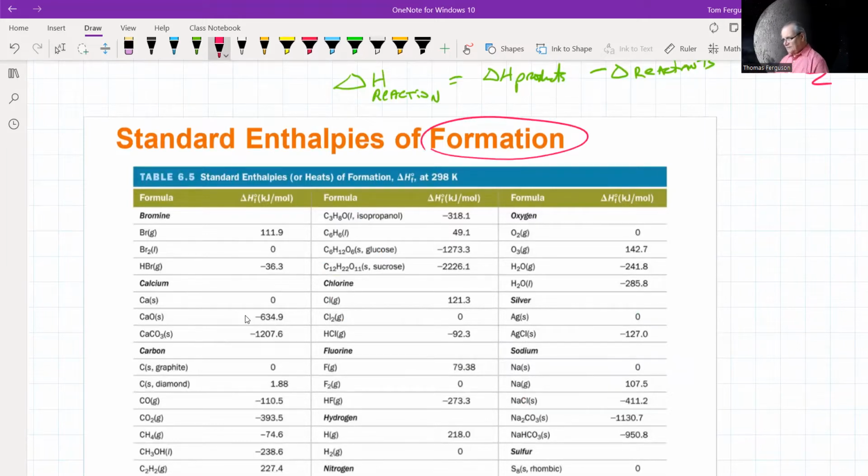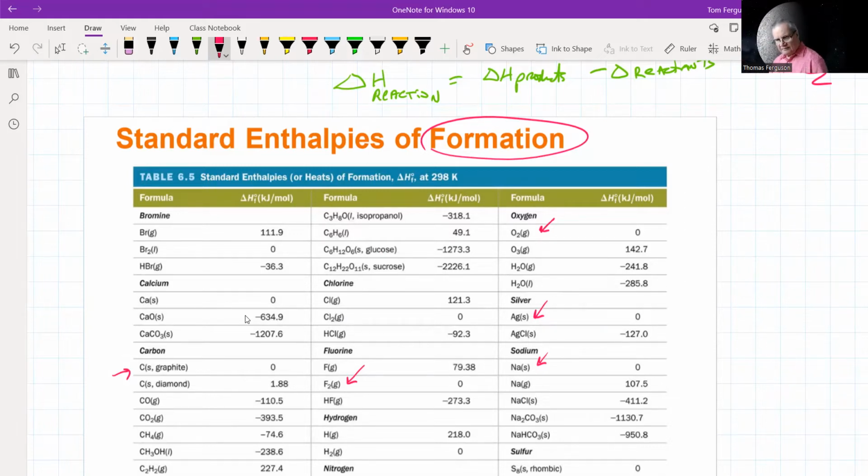Okay, they're called standard enthalpies of formation. Formation means how do you make it? If you're making something that's elemental, you start with silver and end with silver.